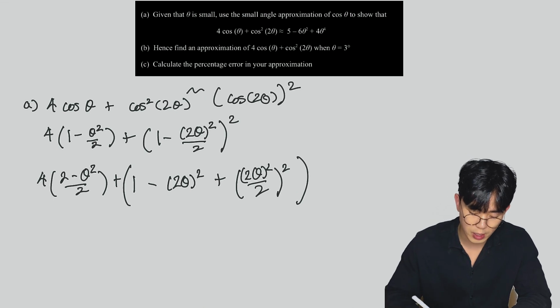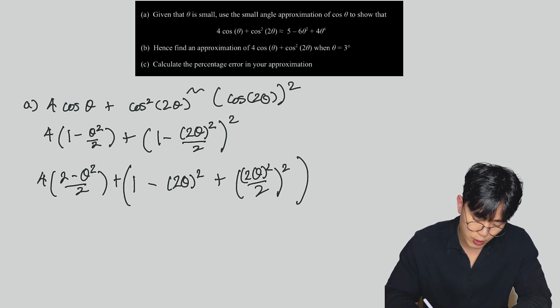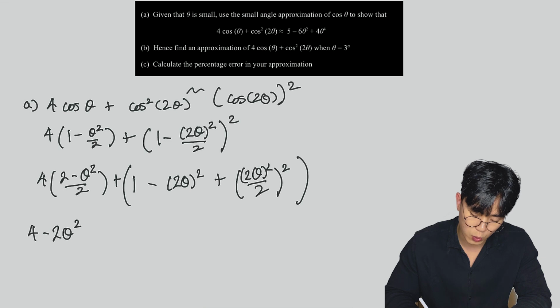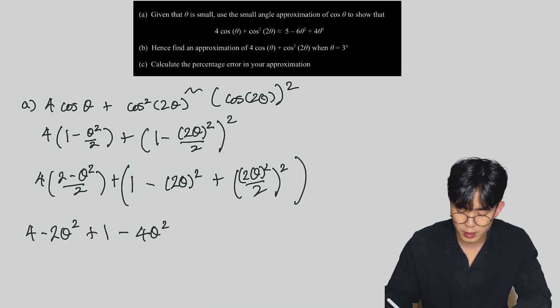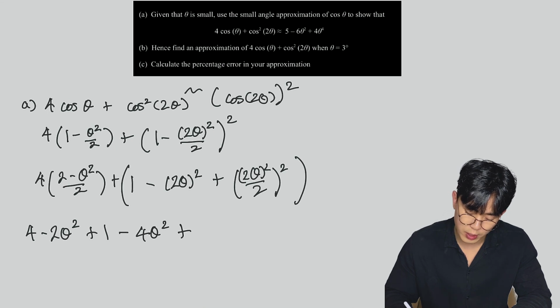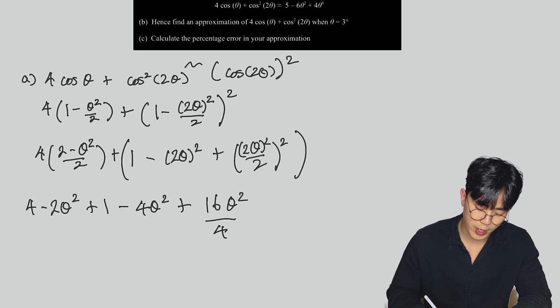Simplifying further, so this now becomes 4 minus 2 theta squared plus 1 minus 4 theta squared, plus this becomes 16 theta squared over 4. And finally, simplifying it, we get 5 minus 6 theta squared.